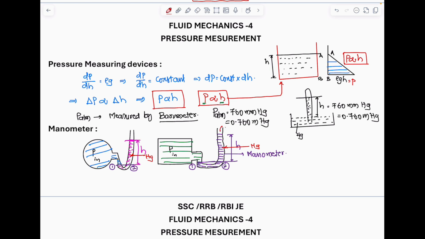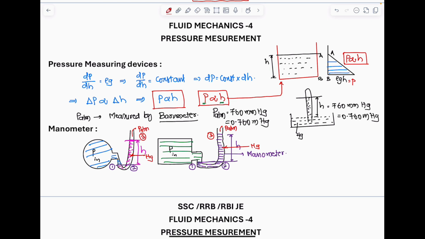In the mercury manometer, this is atmospheric pressure. From whatever we have concluded in the previous chapters, the pressure is directly proportional to the height of the column. If atmospheric pressure is P atmosphere at point 3, then pressure gradually increases with depth.